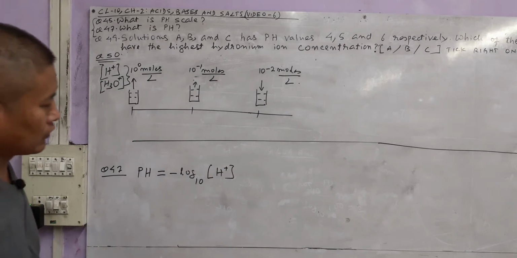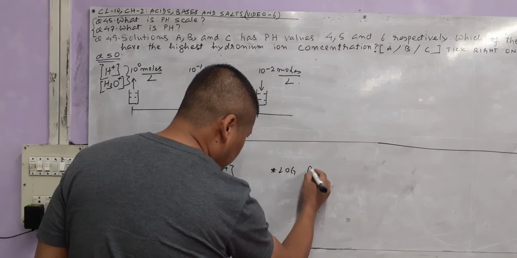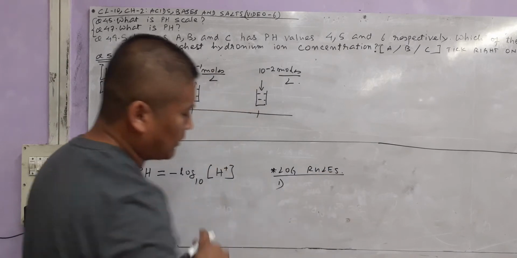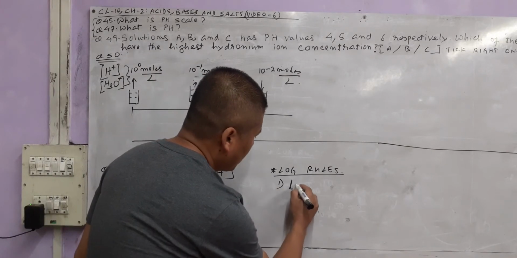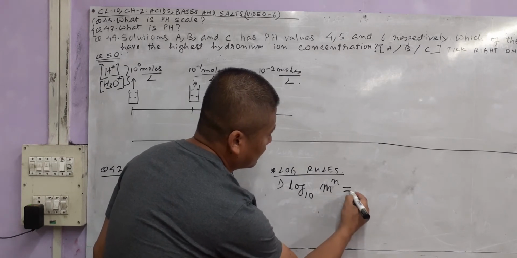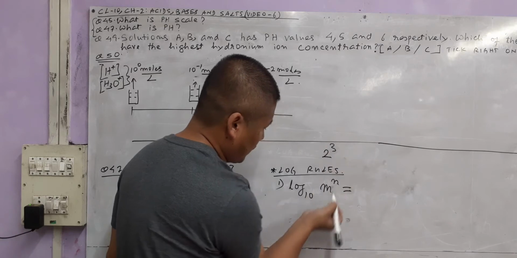So here we have to know some basic log rules. So just write here log rules on your tuition copy. Not all, but two basic rules are required to calculate this pH. So the first rule is, if we have log m to the power n to the base 10, the power here, m to the power n means something like 2 to the power 3.